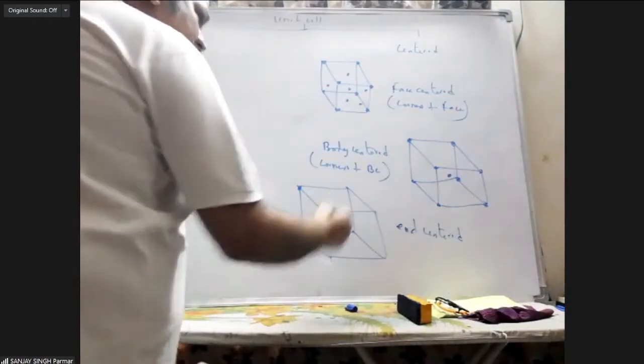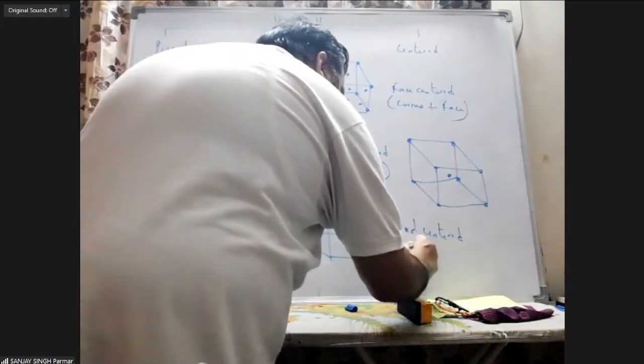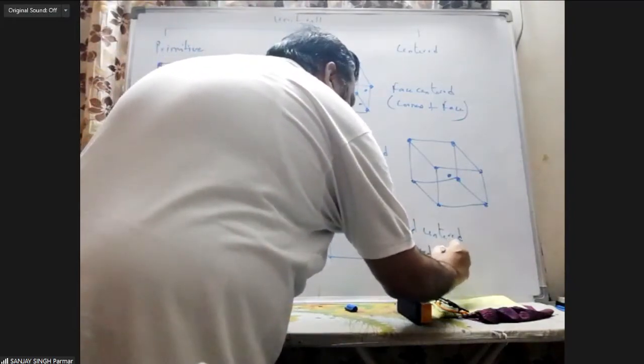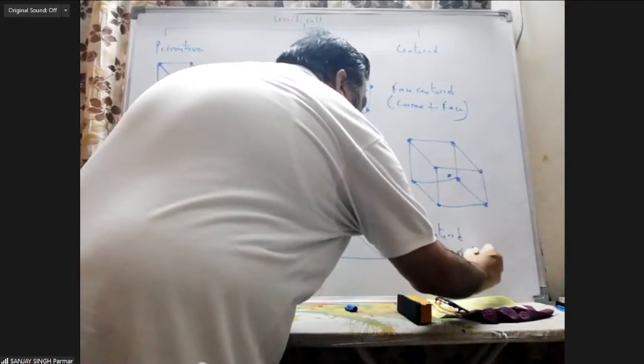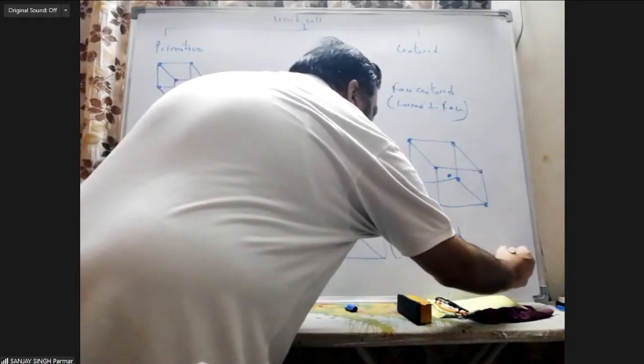In the end centered, points are there at the corners and any of two opposite faces.